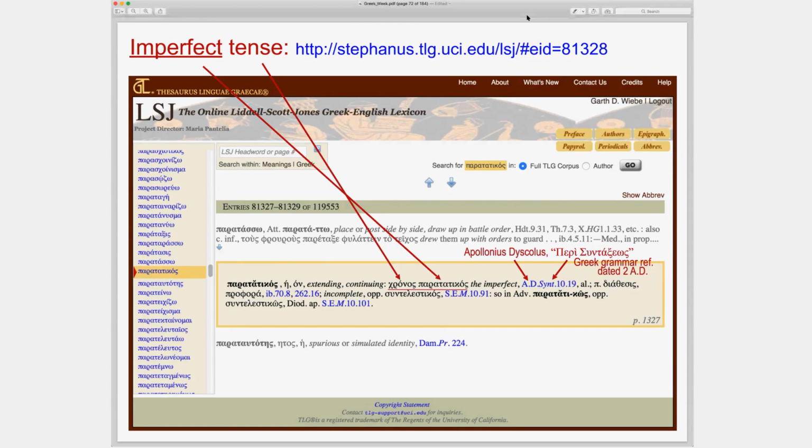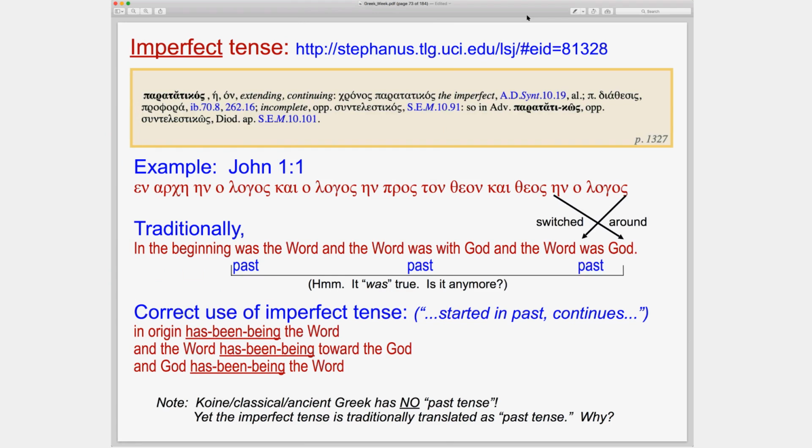So let's look at the imperfect tense as an example. I like this one the best. John 1:1. Now traditionally it's translated, in the beginning was the Word, and the Word was with God, and the Word was God. And everybody pretty much has read that, memorized it. It's doctrine.